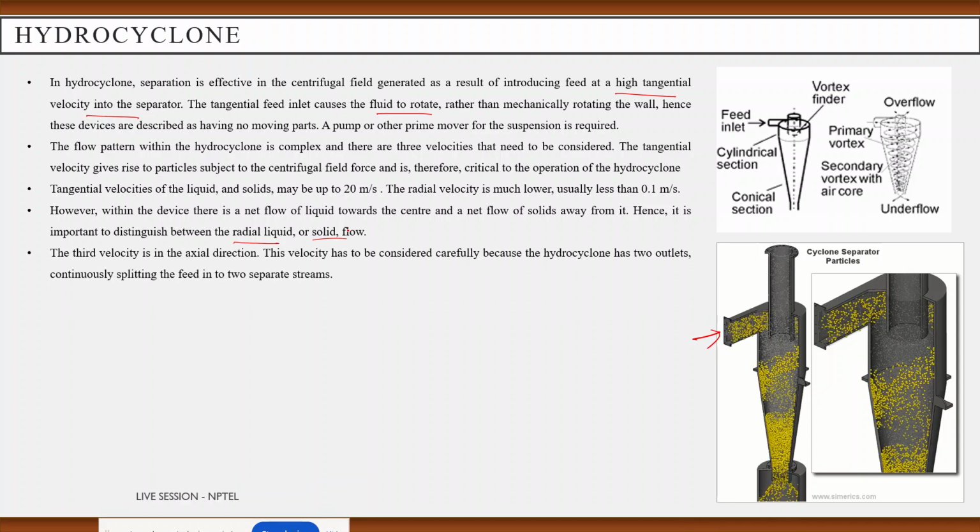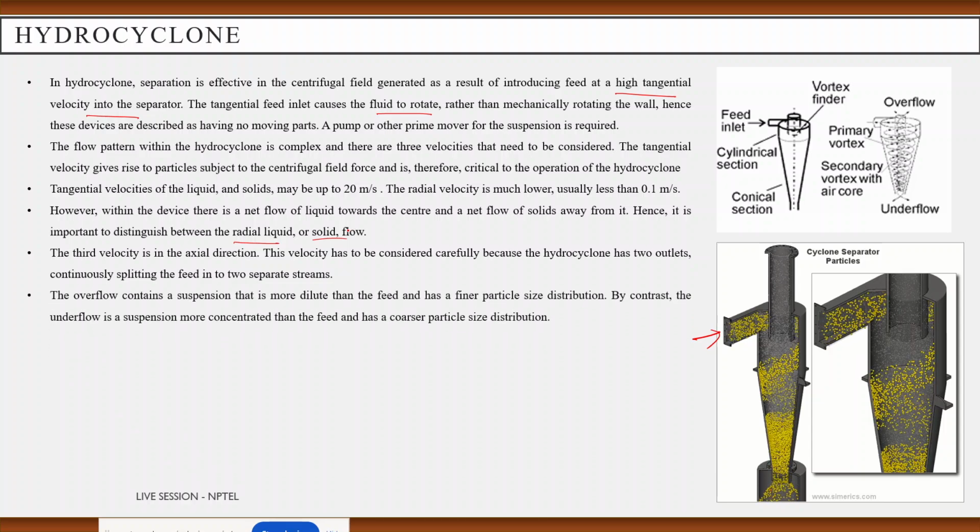The third velocity is in the axial direction. This velocity has to be considered carefully because the hydrocyclone has two outlets continuously splitting the feed into different streams. The overflow contains a suspension that is more dilute than the feed and has a finer particle size distribution.